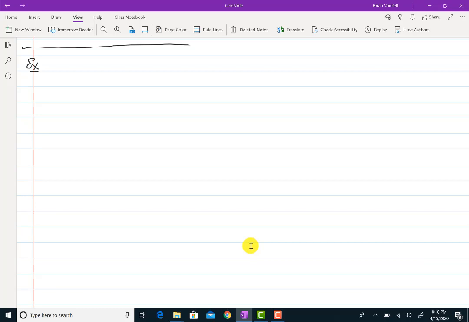For our next one, we have negative 54j to the 5th plus 30j to the 3rd minus 9j squared plus 15, and all of this is over 9j. Remember 9j, that j is to the first power.